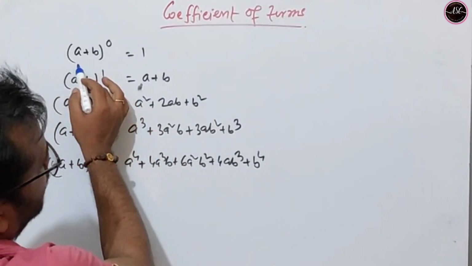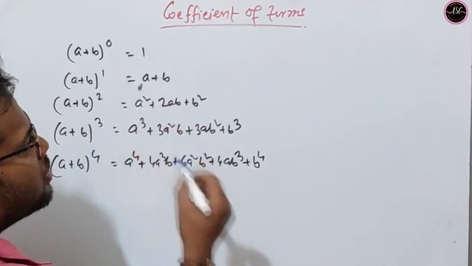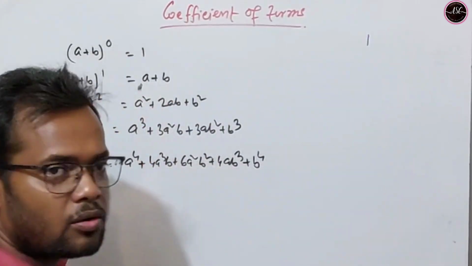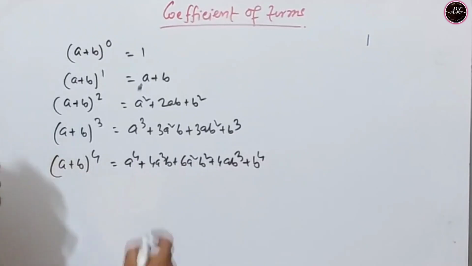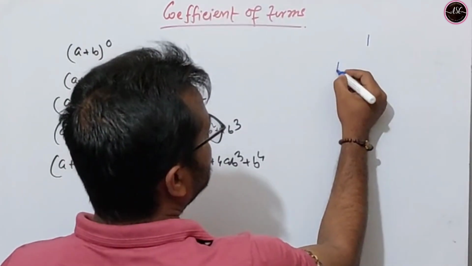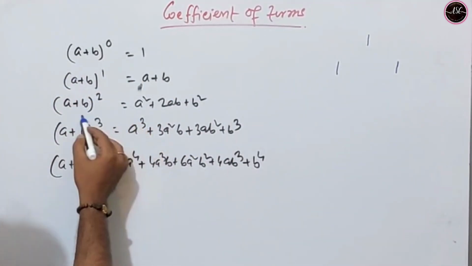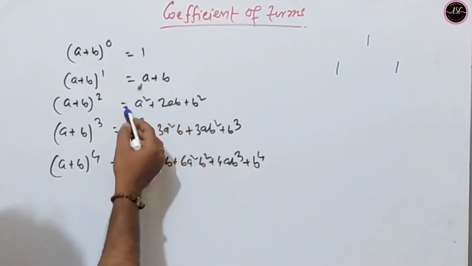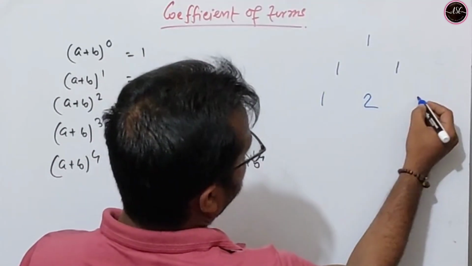Here just look, a plus b to the power 0 equals 1. So the coefficient is 1. Okay, just write here 1. Here a plus b to the power 1 equals a plus b. So the coefficient of a is 1 and b is 1. So just write here 1 and 1. Okay, now a plus b whole square, the coefficients are 1, 2 and 1. Just write here 1, 2 and 1.